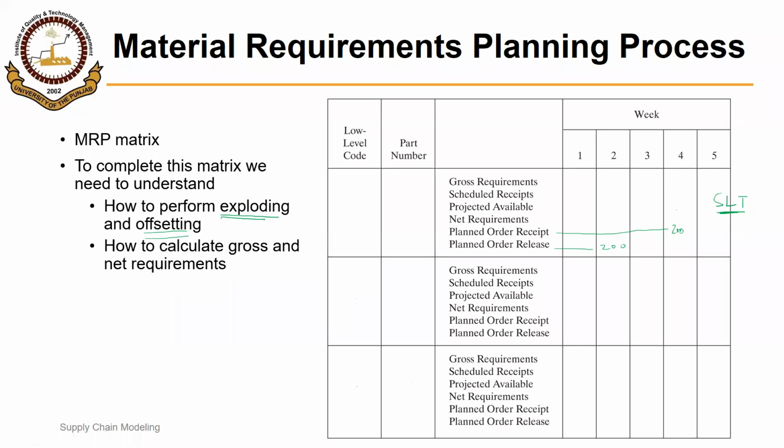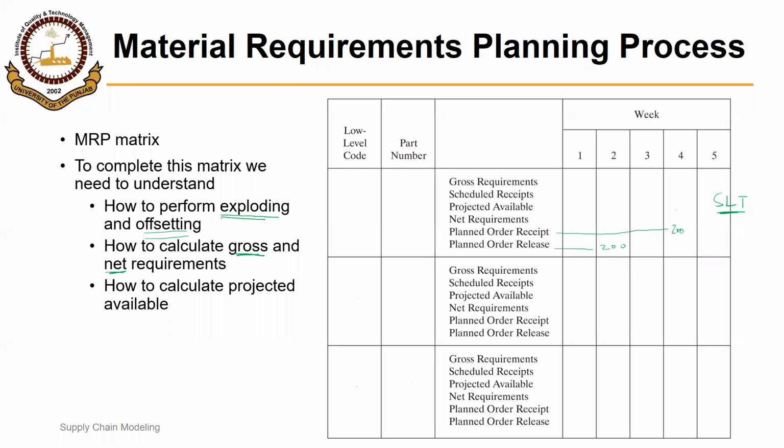How do we calculate gross and net requirements? I have given you an idea that gross requirements for the end item come from MPS, and gross requirements for the components come from the planned order release of the parent, and you will see this in detail in the examples. The net requirements, as I have mentioned, are gross requirements adjusted against scheduled receipts and projected available balance.